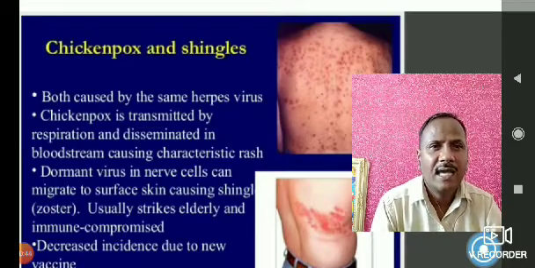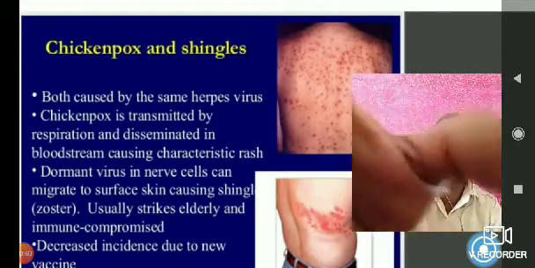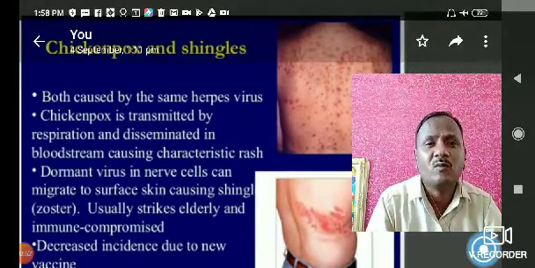Chickenpox as well as shingles is a disease caused by one type of virus, called the herpes virus.